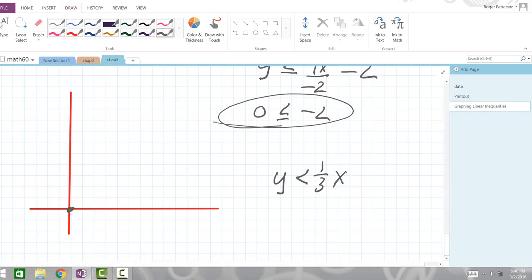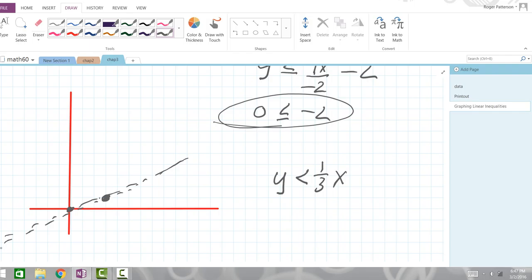And what is the slope from here? 1/3. So I'm going to go 1 over 3. Solid or dashed? Okay, so I got a dashed line here.